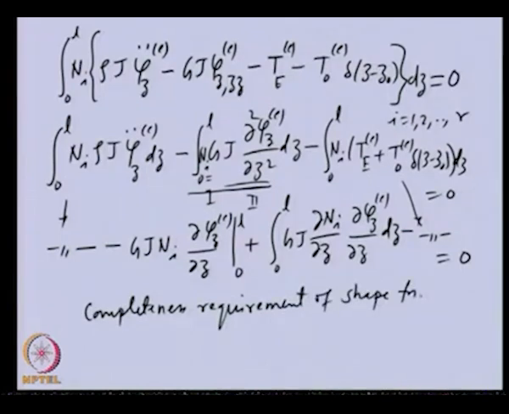So we have seen how we evolve the requirement of the shape function. One of the requirements, the completeness requirement, is that we should choose the polynomial such that when we substitute in the formulation shown, it should not vanish.